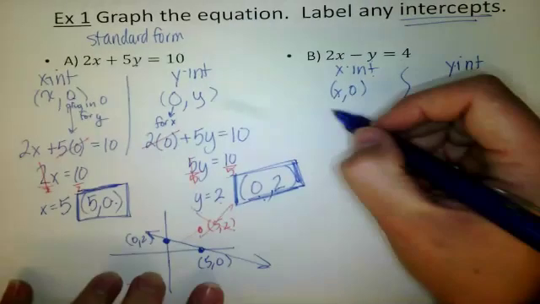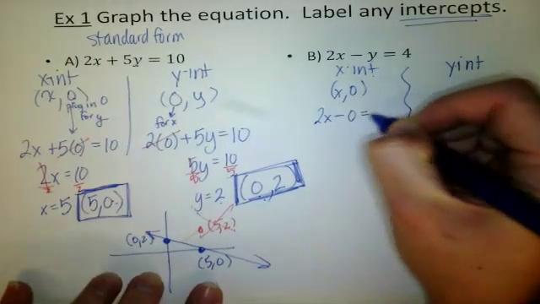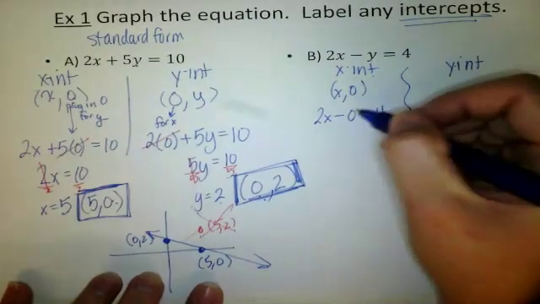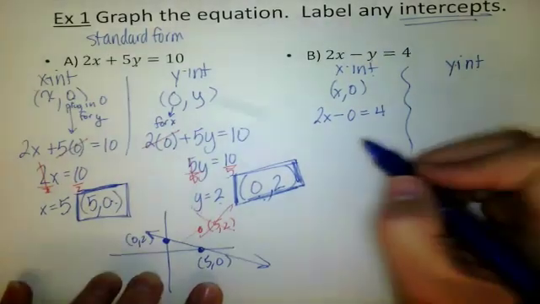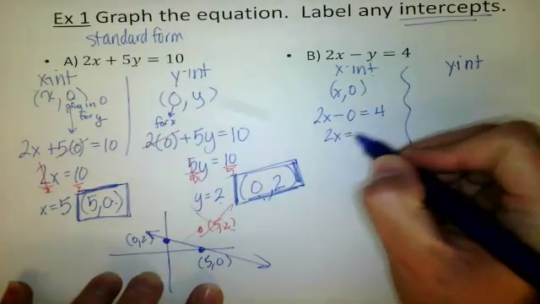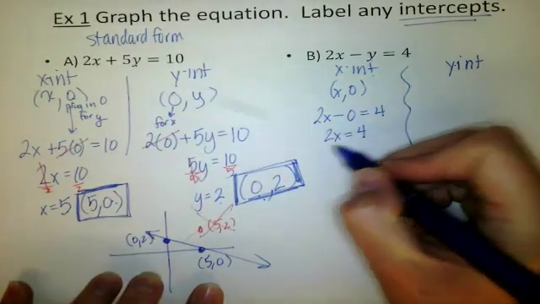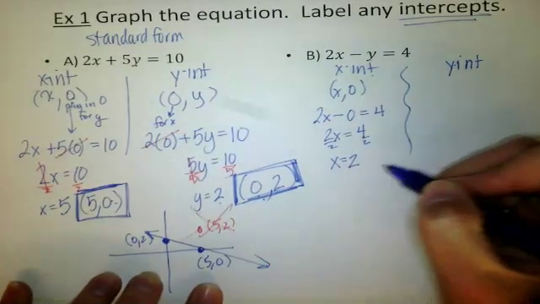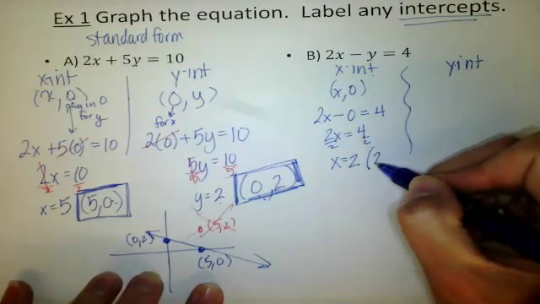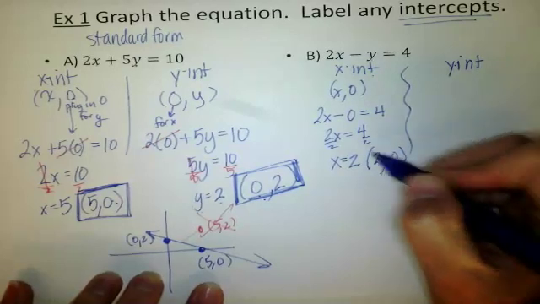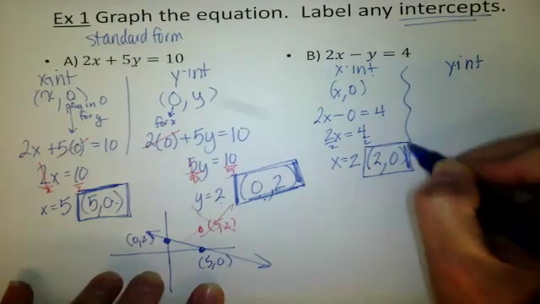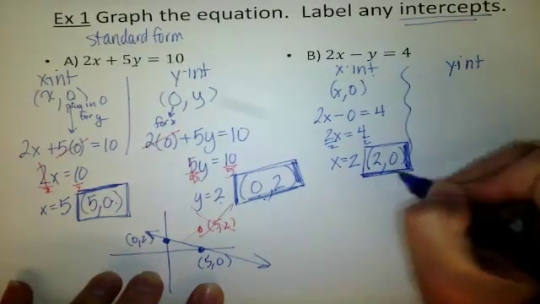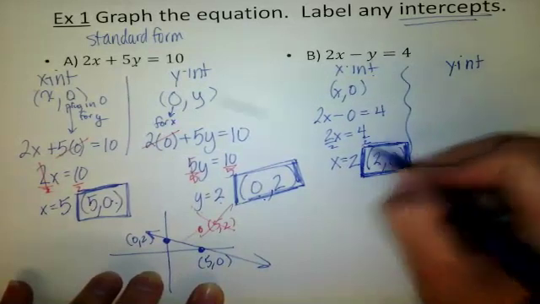If I plug in a 0 in place of the y, what's left over? 2x is equal to 4. Divide by 2, so x equals 2. So it's 2, 0. Very good. 2 for the x, we plugged in a 0 for the y.